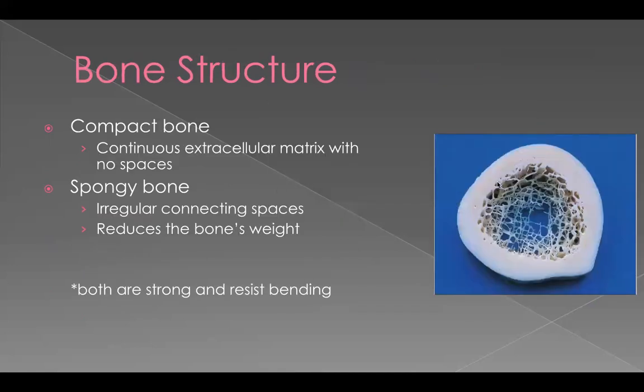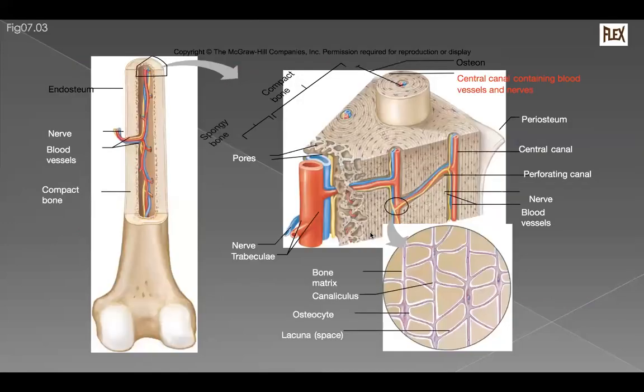How is it structured? Well, we have compact bone along the edge, which is a continuous matrix with no spaces. And then we have our spongy bone, which has irregular connecting spaces and reduces the bone weight. They're both very strong, with high tensile strength, right? So we'll find that in a lab as well.